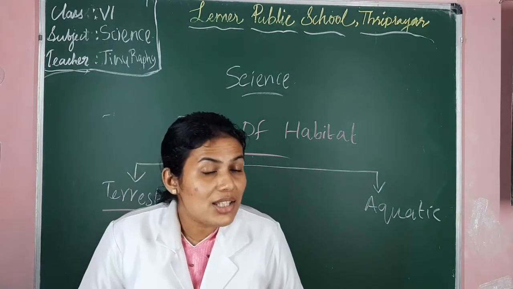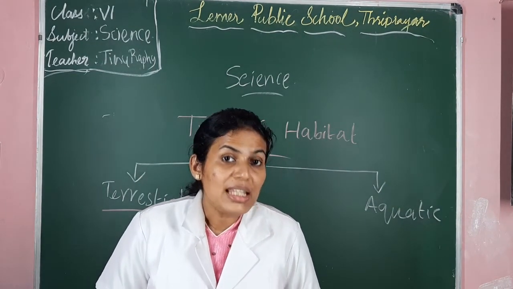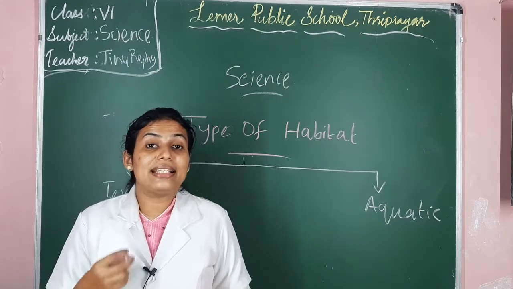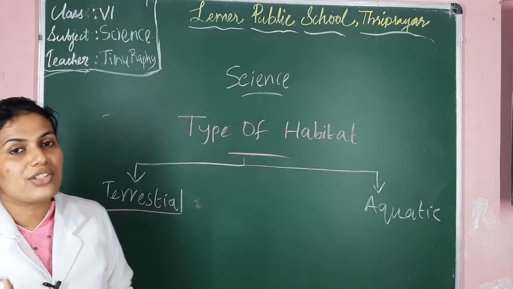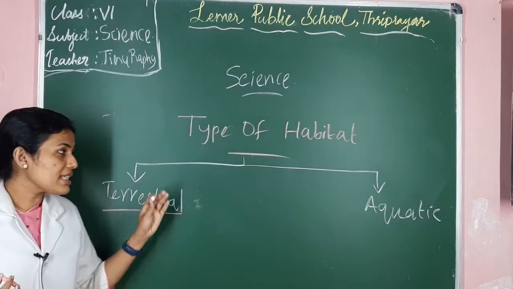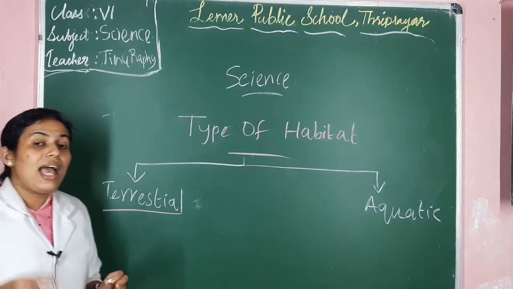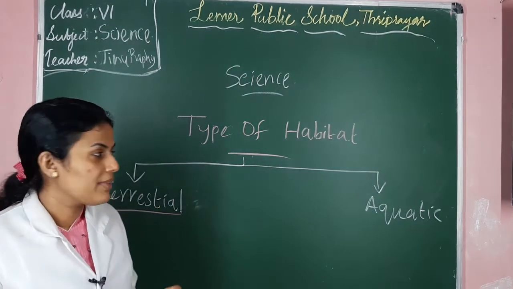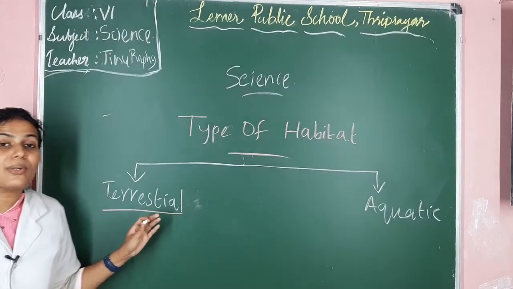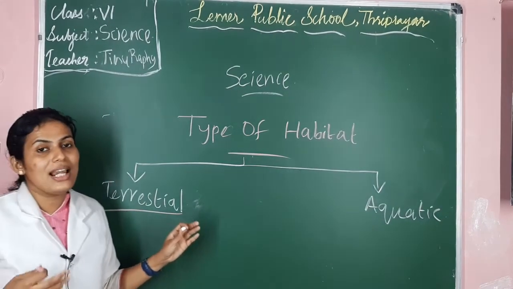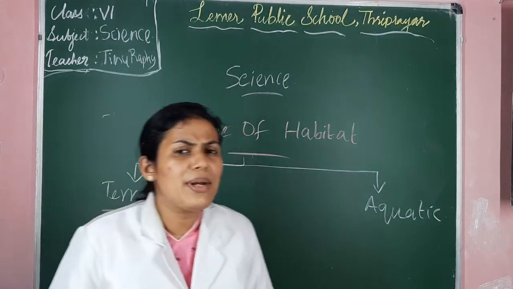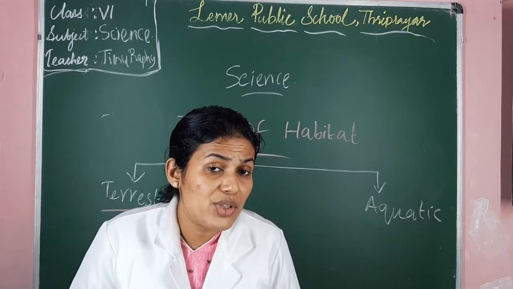So dear children, what are terrestrial organisms? Yes, the organisms that live on land are called terrestrial organisms. So what is terrestrial habitat? The habitat of the terrestrial organisms is called terrestrial habitat. Now, can you give me a few examples for terrestrial organisms, dear children?